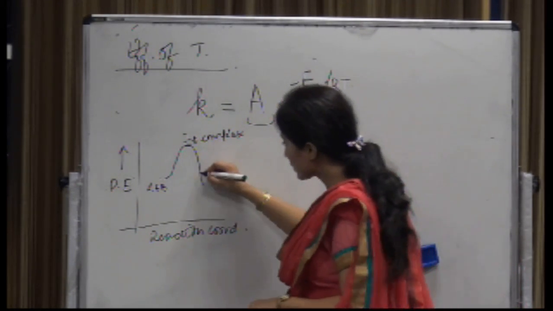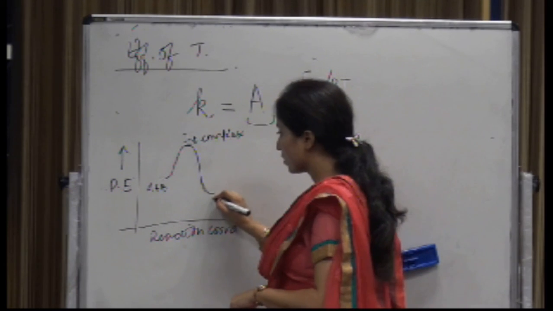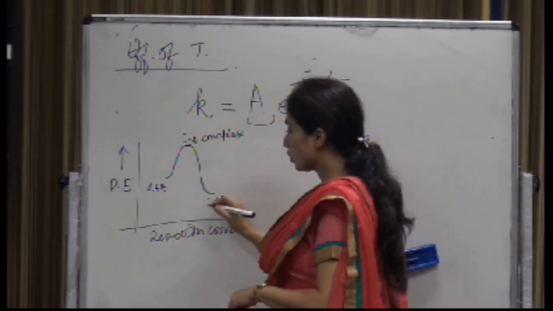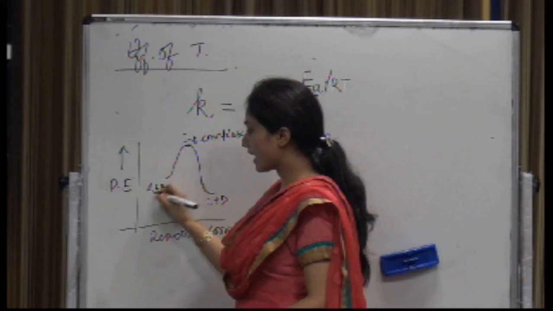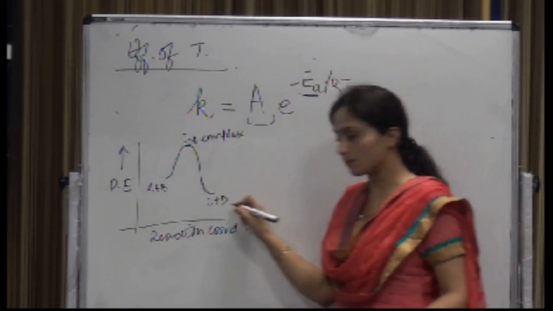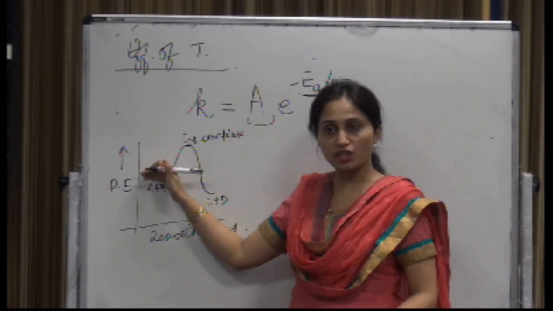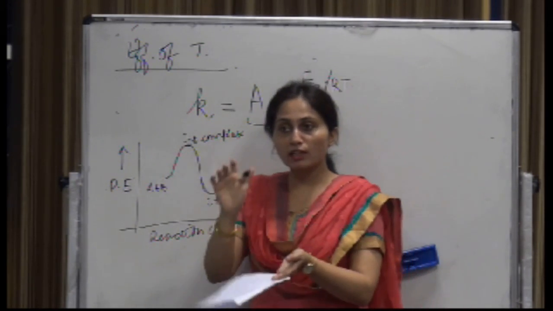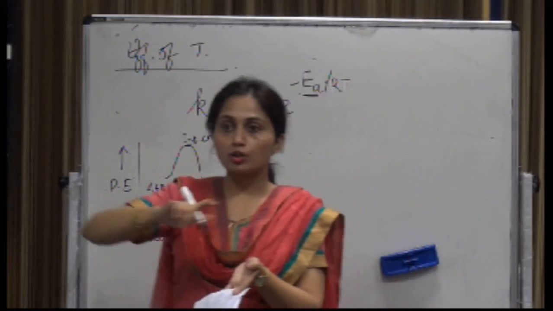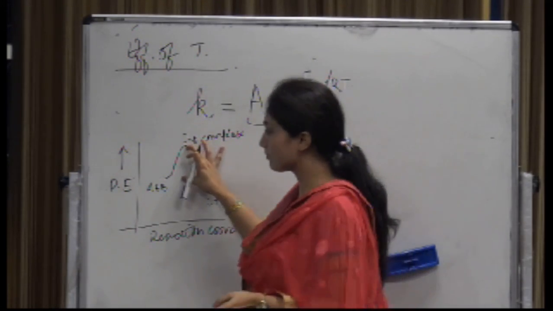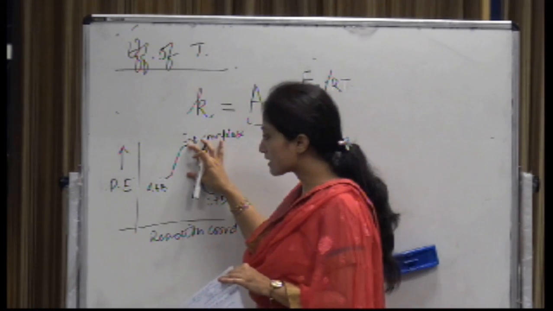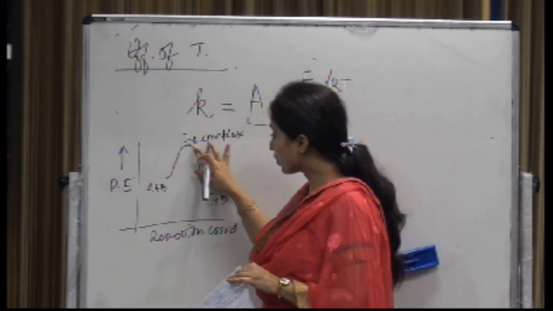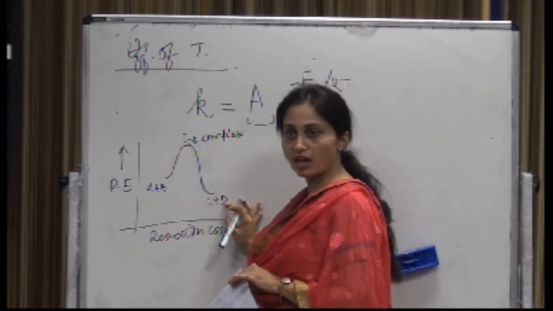It forms, and after that your products are formed, which generally lie at a lower energy. So what happens here? You have a reaction A plus B giving you C plus D. So the reactants' energy needs some minimum energy to cross over this energy barrier. Some minimum energy is required to cross this energy barrier to reach the state of the products.